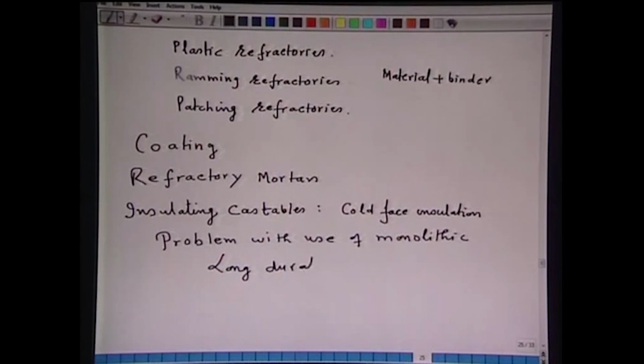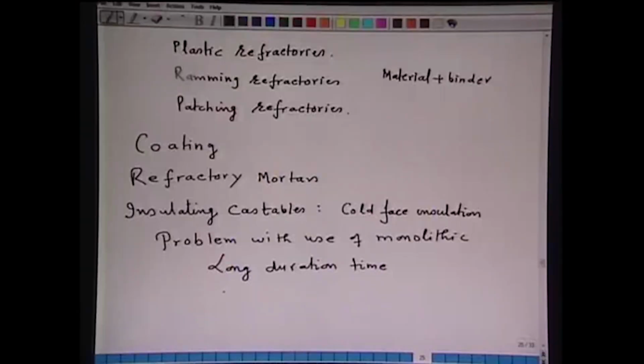Long duration time, because the water which you have mixed, in order for a solid material to flow and take the shape of the reactor, or to be rammed or patched, has water in it, it has binder in it, so all have to be removed before heat can be operated.